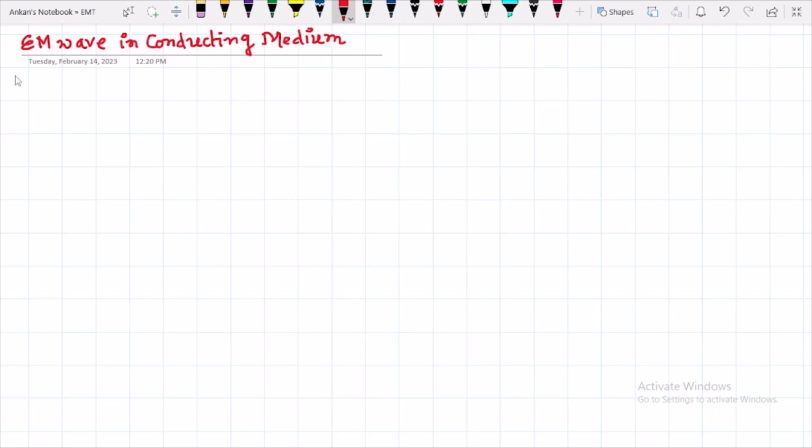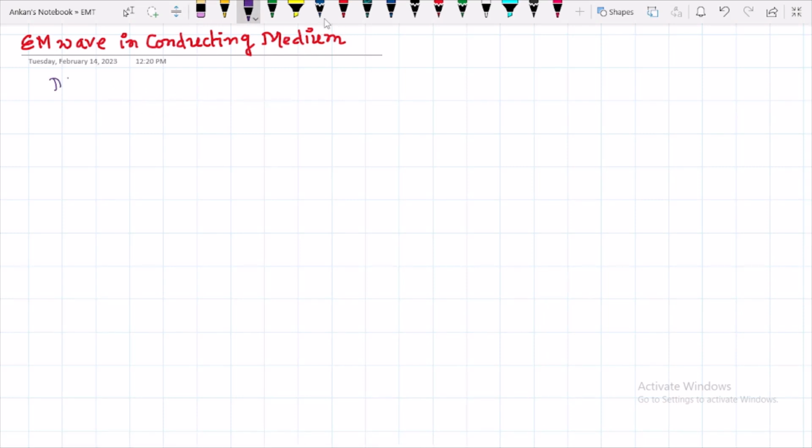At first we discussed the form of Maxwell's equations for the case of vacuum. Next, we discussed the form of Maxwell's equations in the case of linear isotropic dielectric medium. So here also we have to discuss Maxwell's equations in conducting medium. What is the form of Maxwell's equations in conducting medium? Let us discuss first.